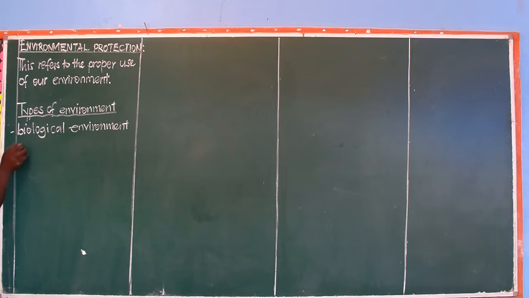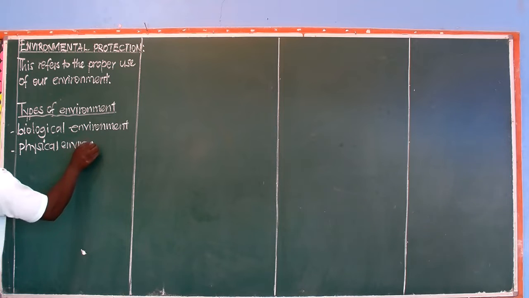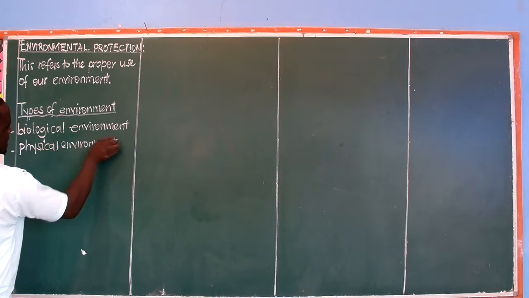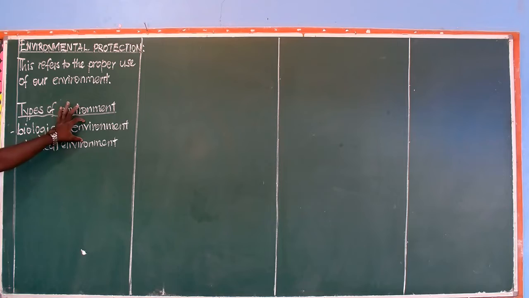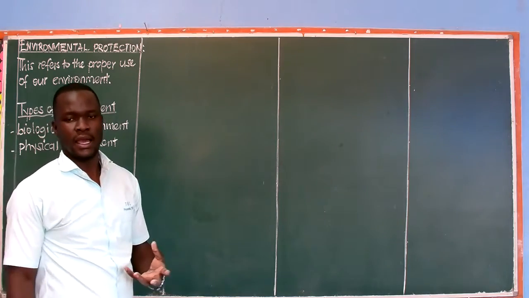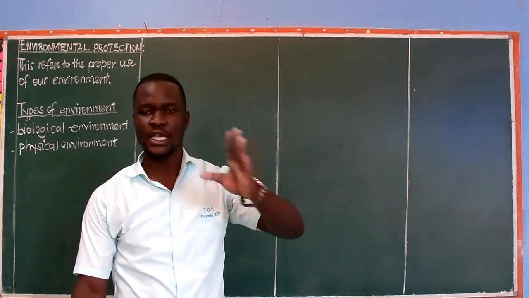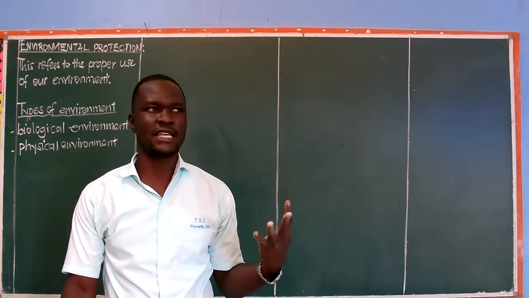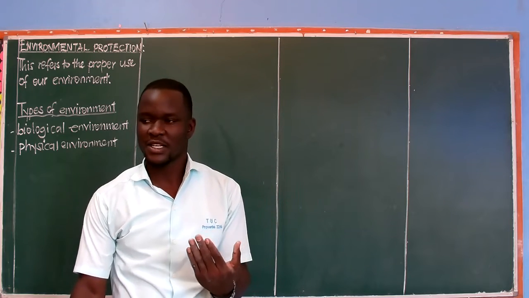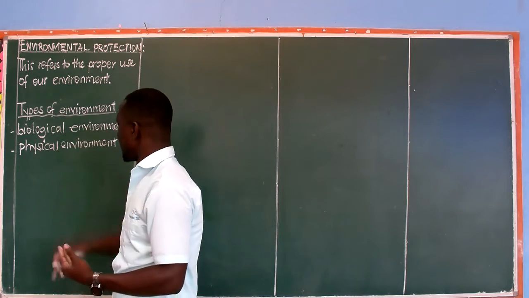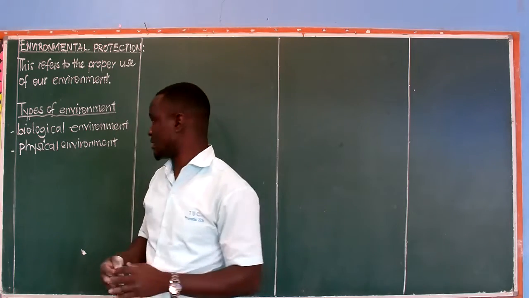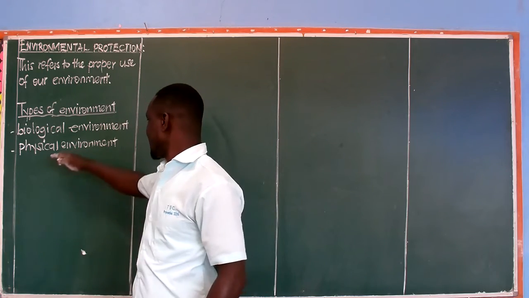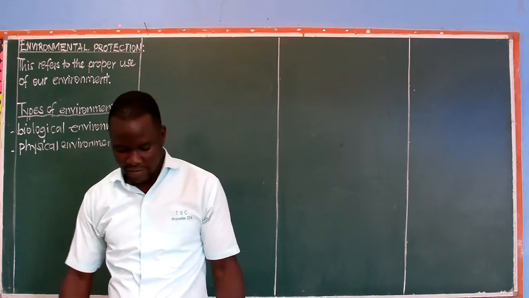Then we shall have the physical environment. The biological environment, we have said, deals with the things around us which have life. In P3 we define living things. You say living things are things which have life. So that one falls under biological environment. Then we have non-living things around us falling under what we call the physical environment.